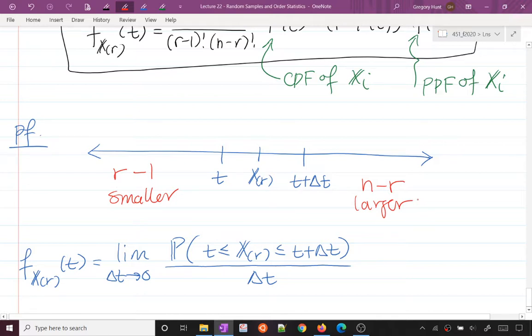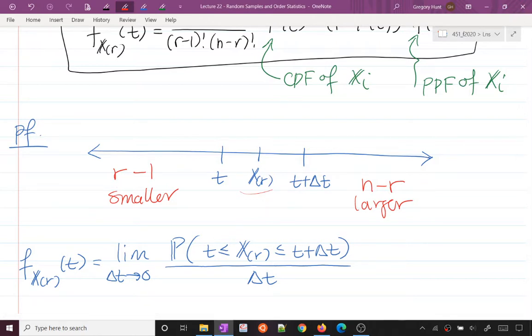So we have r minus 1 smaller, n minus r larger, and one X_(r) in that interval. That's what it means to be the rth order statistic. It's the rth smallest. If r minus 1 are smaller, then you have X_(r), and then you have n minus r larger. Notice that n minus r plus r minus 1 plus 1 gives us back all n of them.